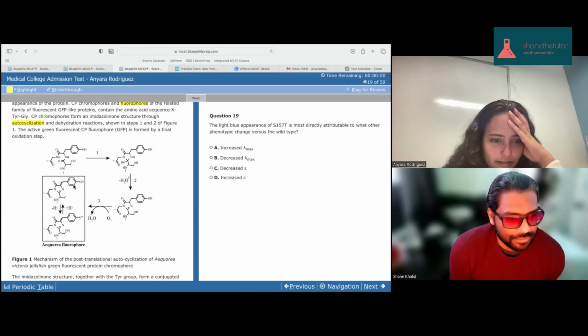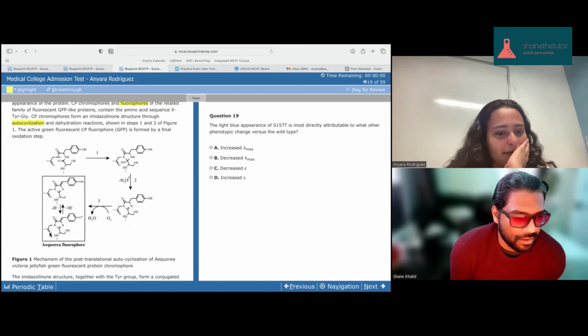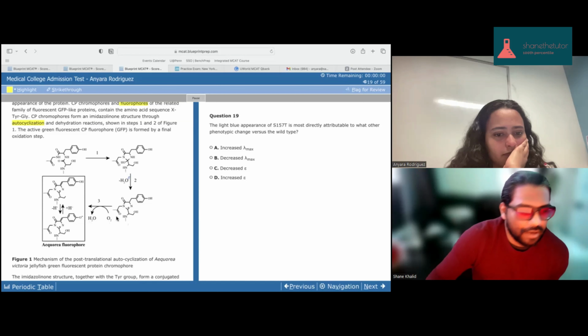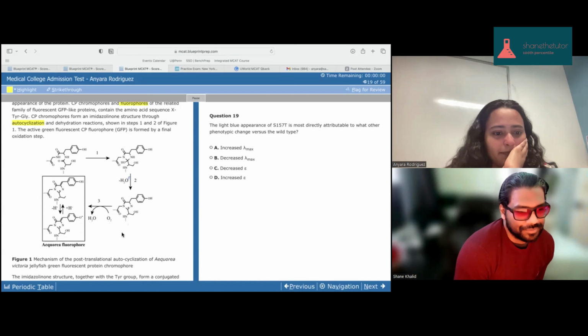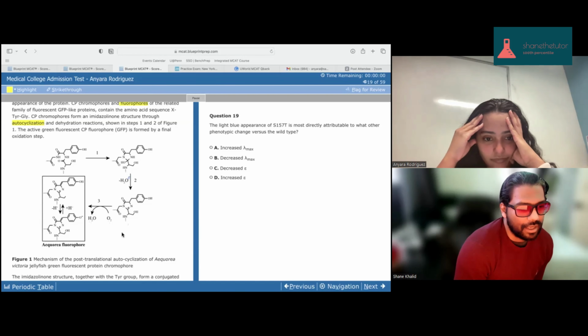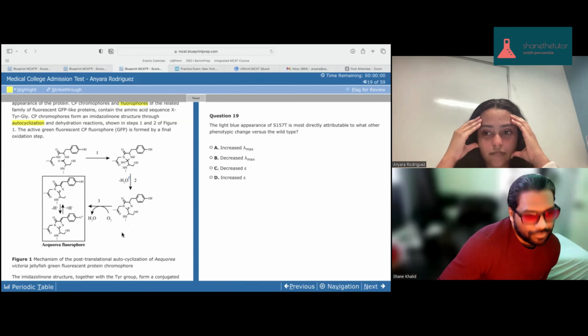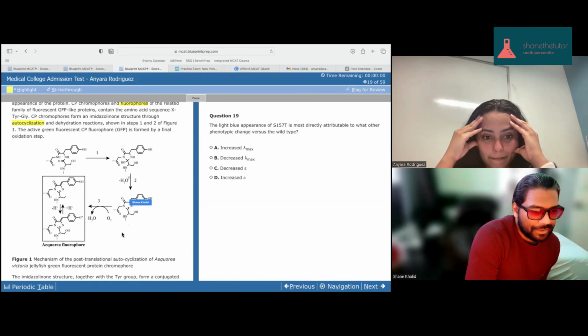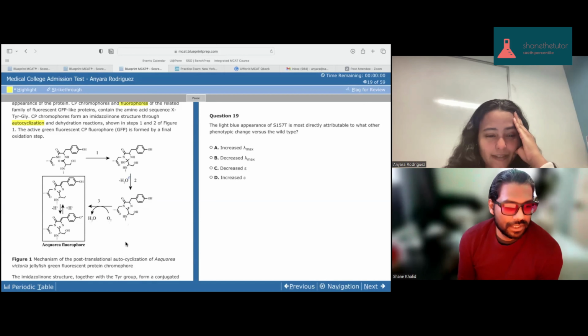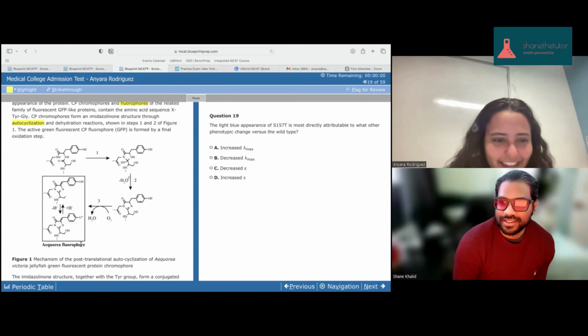It's not this becoming this, it'll be like that, forming one of these over here. So that's the oxidation step, and what's happening is we get this double bond there, right? It's so difficult to see these things.